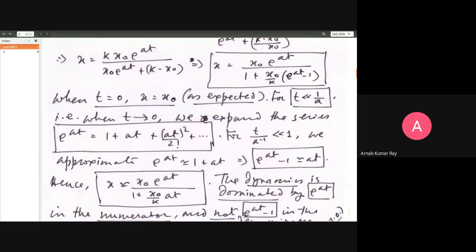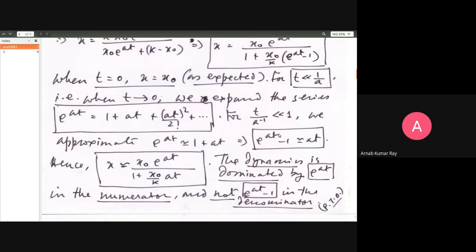So when t is very much less than a raised to minus 1, the square and every subsequent power can be neglected against the smaller power, right? Because at is a small number, a into t is a number much smaller compared to 1. So e raised to at can be written as 1 plus at, right?